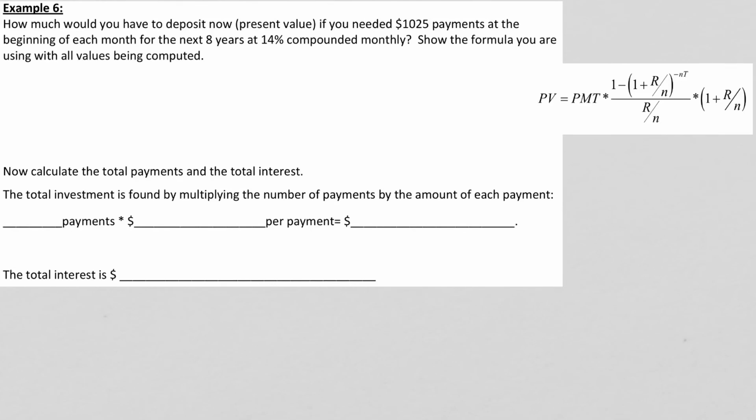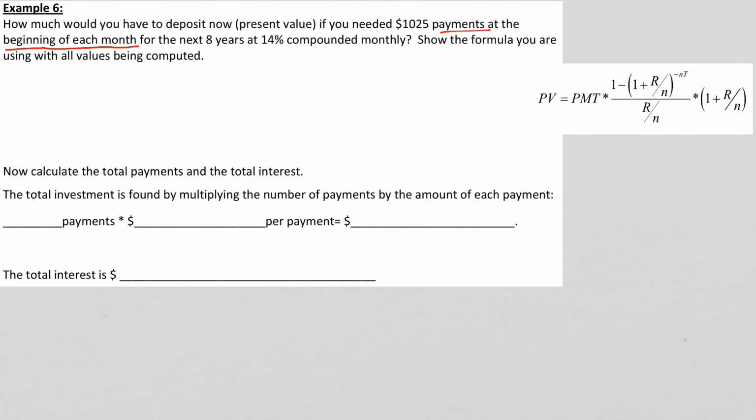All right, so we know without even being told, and sometimes it won't be said explicitly, that this is an annuity due because the payments are being made at the beginning of each month, and the payment is made or received. In this case, we're receiving the payment.